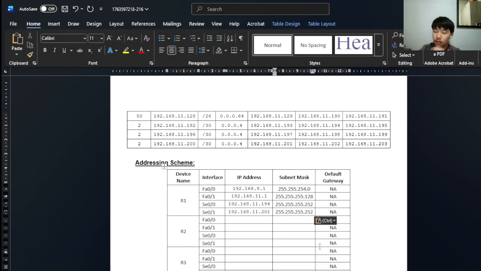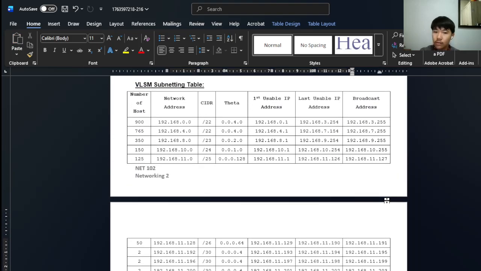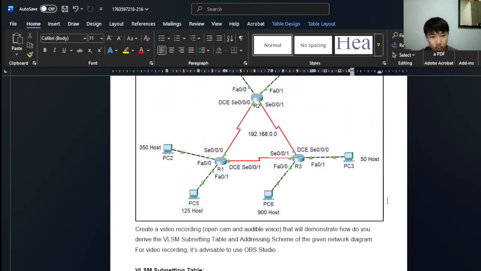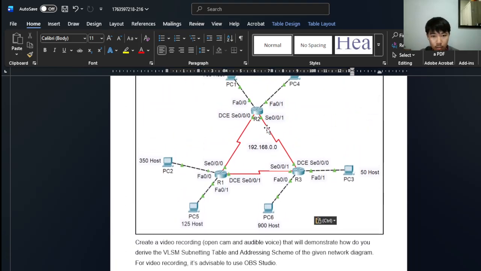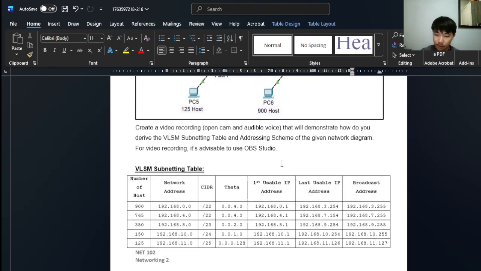So for our Router 2, let's now proceed. Here is 765 hosts.